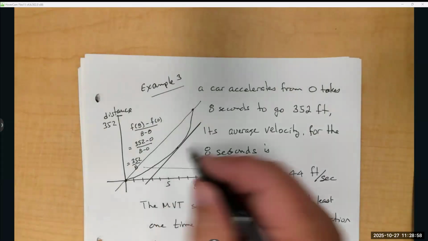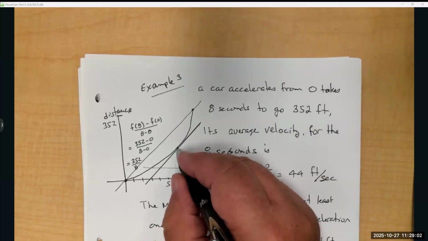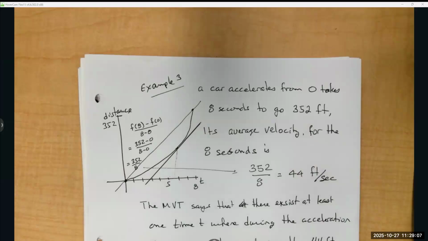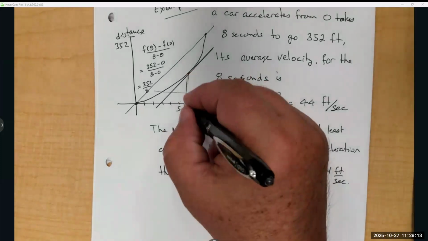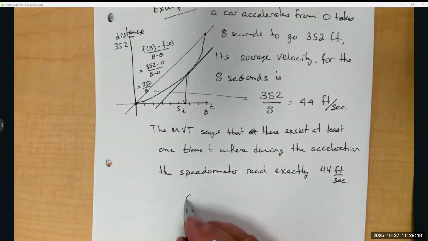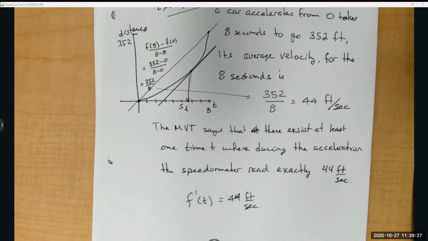And where it happens is you just match it wherever that is down here. We can figure that out if we had the actual formula. So whatever value is down here, that's the time where the first derivative, the velocity, is equal to 44 feet per second. That's what it tells us.